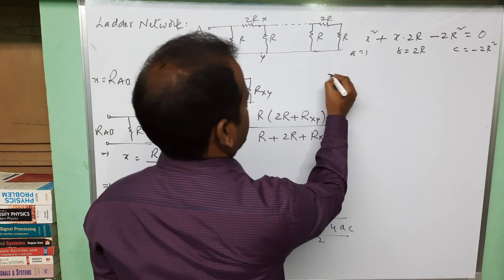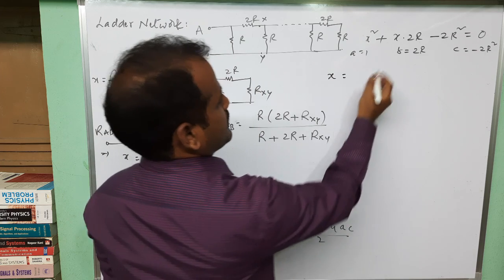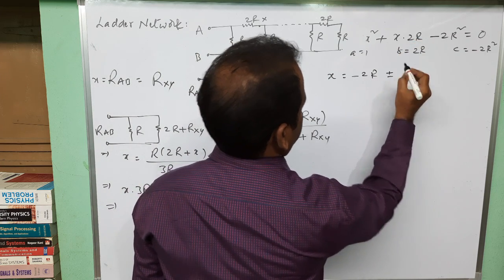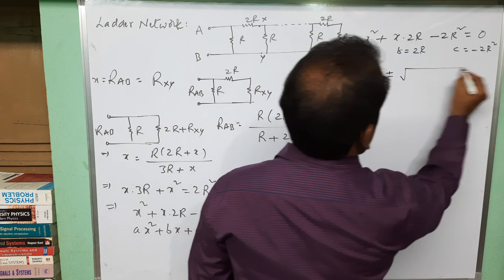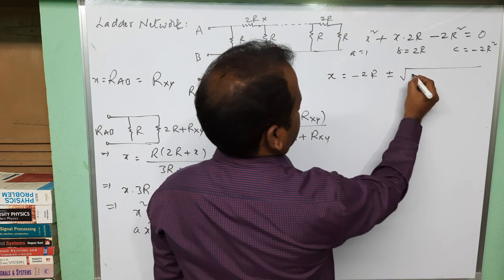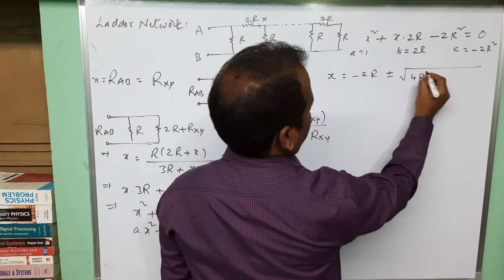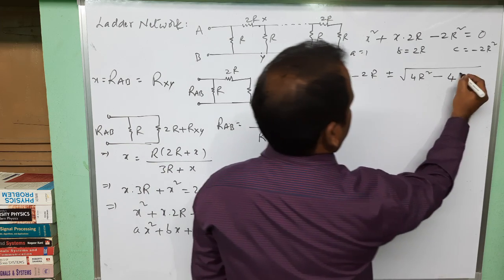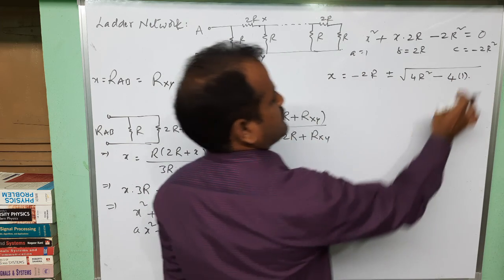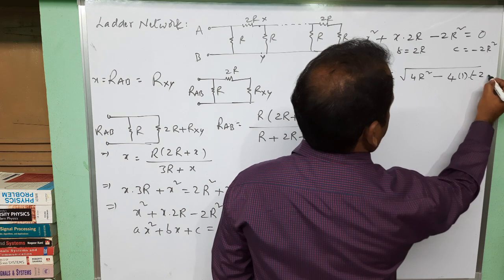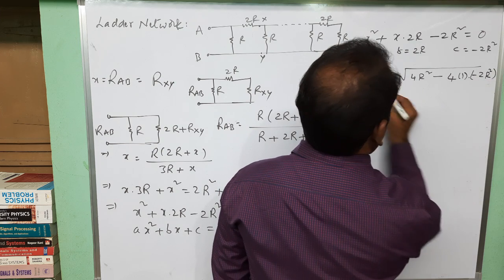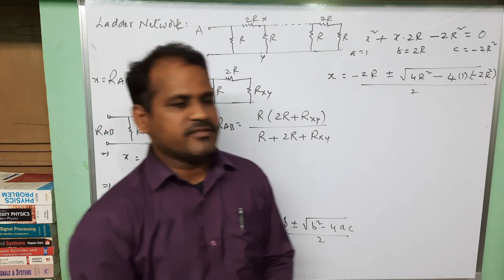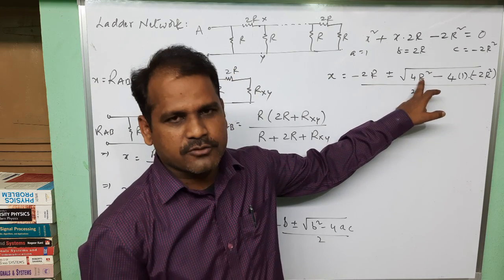So we need to find x is equal to minus b, that is minus 2R, plus or minus square root of b square, that means 2R whole square, 4R square, minus 4ac, 4 into 1 into c value minus 2R square, divided by 2. We need to simplify this expression. Here it is 4R square.